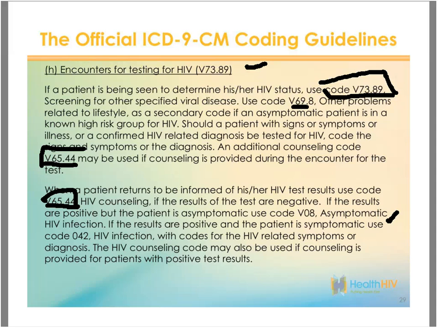If you're doing the rapid test, then you should be using V73.89 and V65.44, because during that particular encounter where you're doing the screening, you will have counseled the patient. So in that particular scenario, you would use both codes.